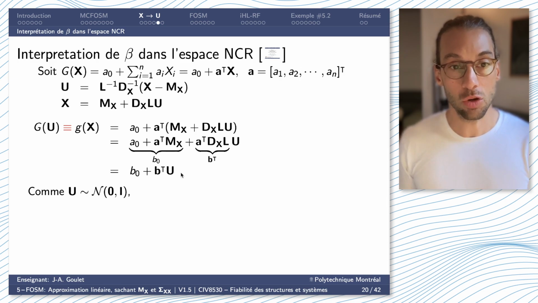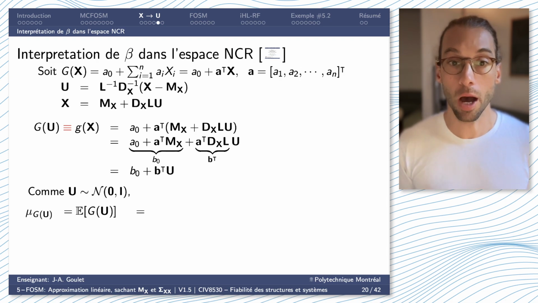And given that U is a multivariate standard normal random vector, with mean vector 0 and covariance identity, I can compute directly the mean of g of U. So the expected value of g of U is going to be what?